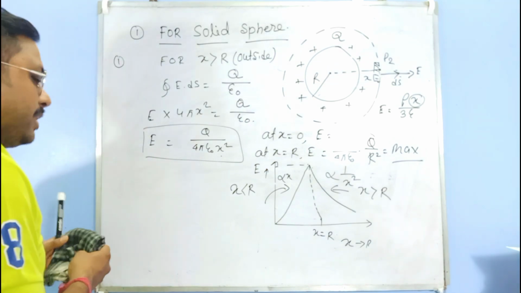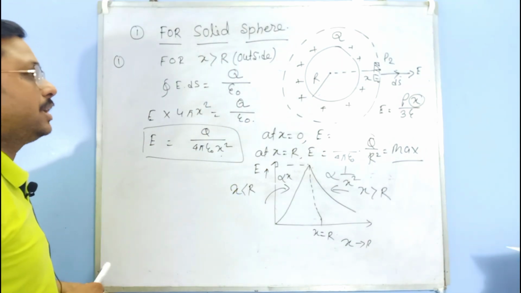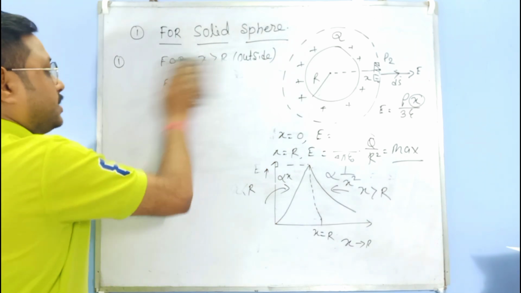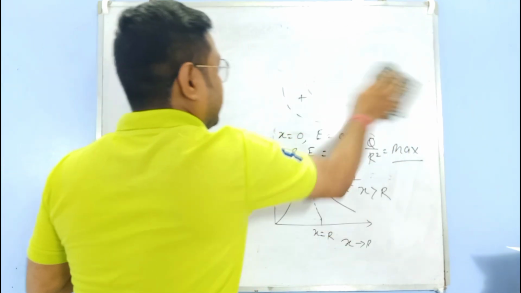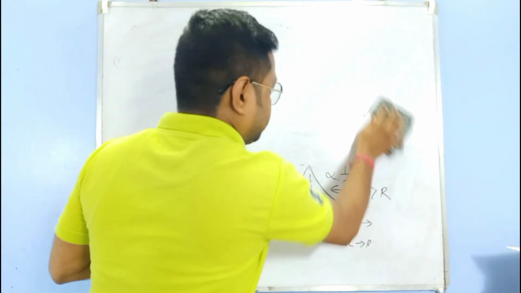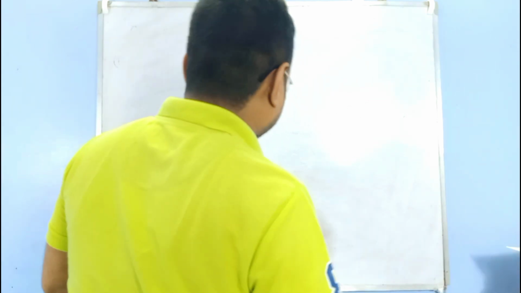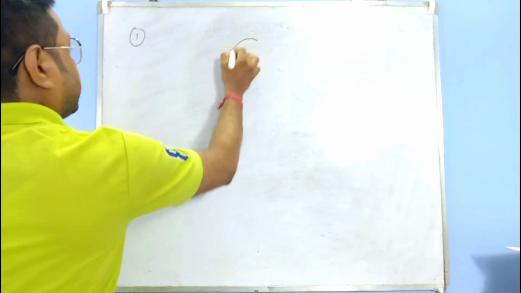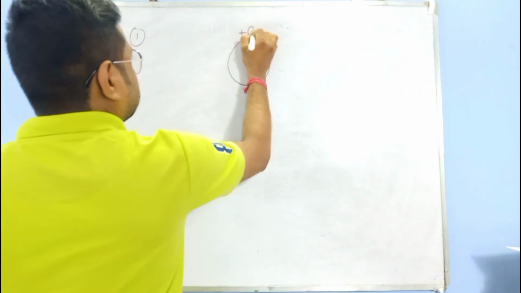Let us do a numerical for understanding. I hope you are learning very well. Now we go for a numerical. Suppose a thin spherical shell is given charge q.